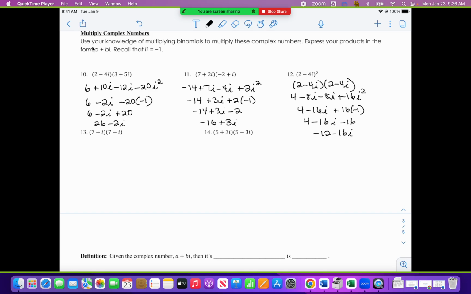All right, number 12, remember, when you have a binomial squared, 2 minus 4i, the quantity squared, you're going to make that 2 minus 4i times 2 minus 4i. I got -12 minus 16i. Okay, keep going, 13 and 14.